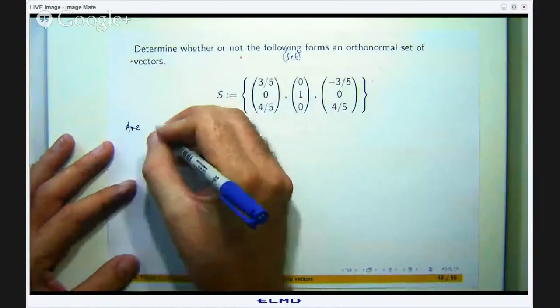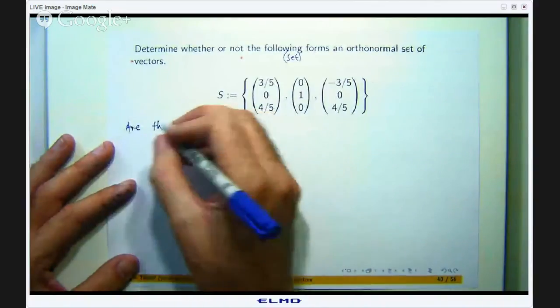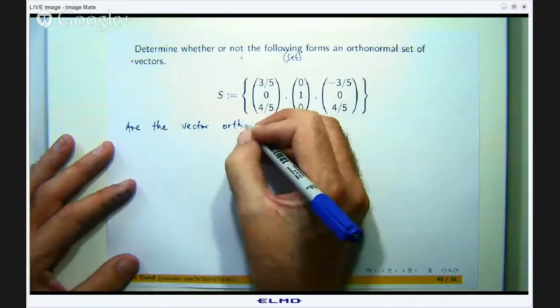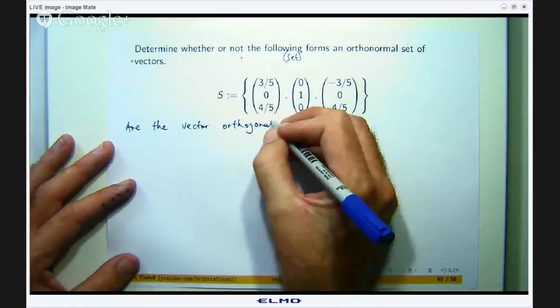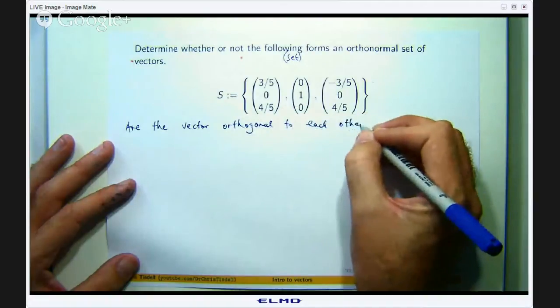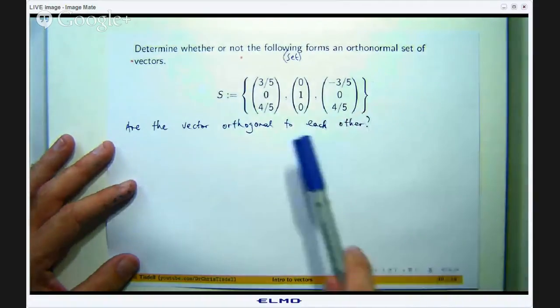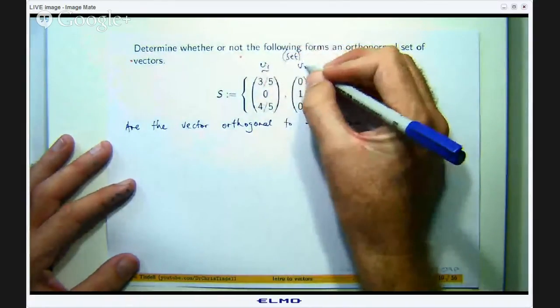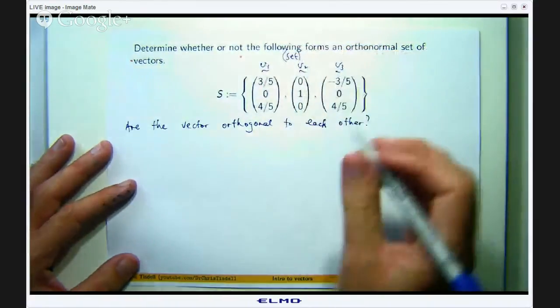So we ask our question, are the vectors orthogonal to each other? Okay, so let's look at the dot product. Let's call these, say, V1, V2, and V3.